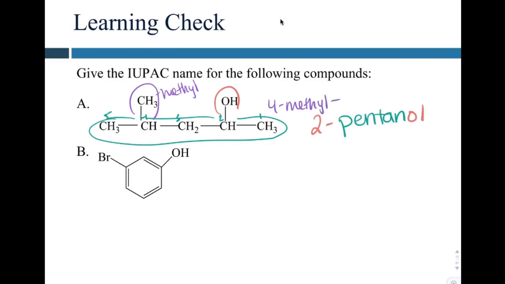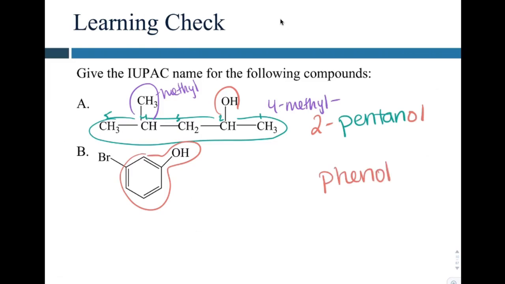Alright, now looking at this one down here, I don't really have a longest carbon chain because I've got a benzene ring, and so you should think, oh, that's something special. Remember, we talked about that. This is a phenol, and so as soon as you see that you've got a benzene ring with an OH, this is a phenol.